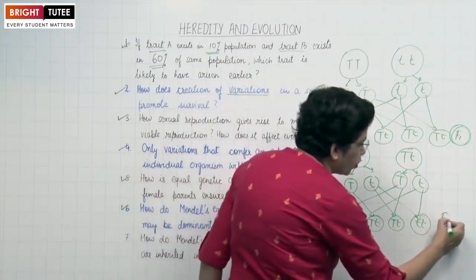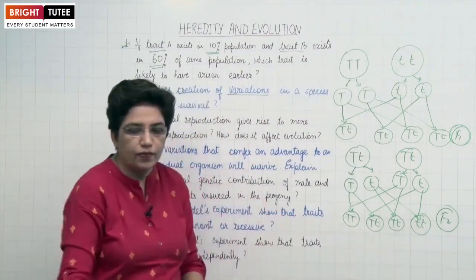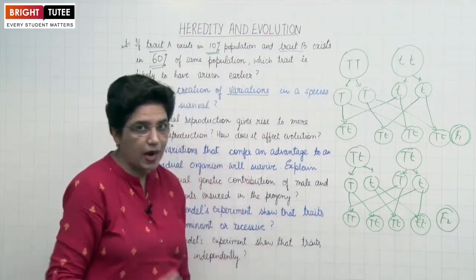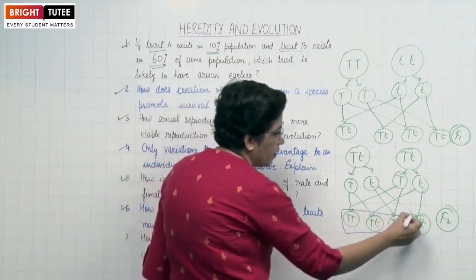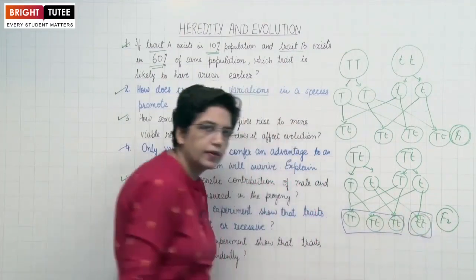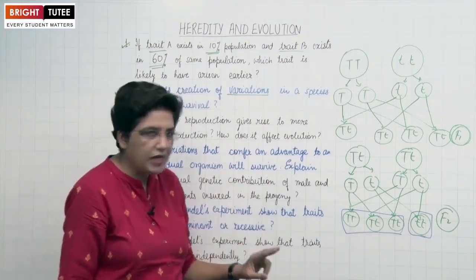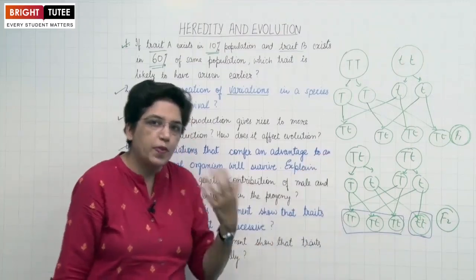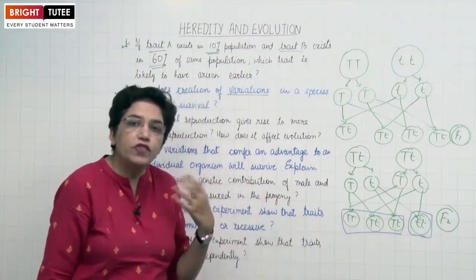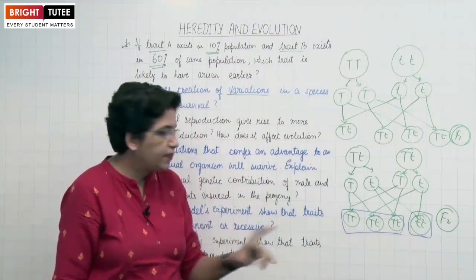What about the F2 progeny? In the F2 progeny, 3/4 were tall. Only 1/4 of the plants were dwarf. All these three are tall plants, while this is a dwarf plant. That means there are two types of genes. Those genes which are able to express themselves, which are visible in the F1 progeny, are called dominant genes.